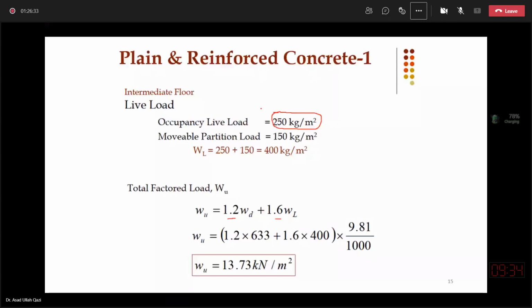But in addition to this, in some floors, there are movable partitions as well, which are non-load bearing walls, and they are not permanent. So in some cases, it is advised to consider such additional load over the intermediate floors, to add this movable partition.